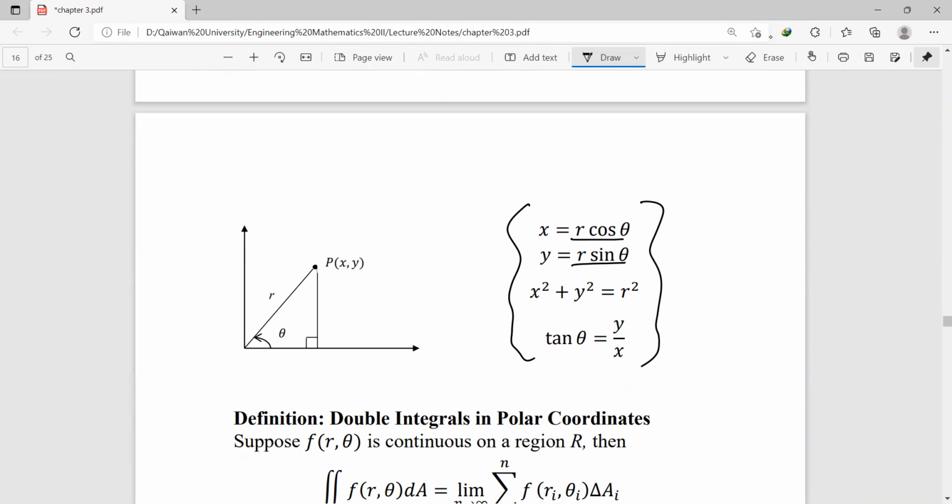How? In this triangle, this is x, this is y, and this is r. And this angle is theta. So here we say sine theta equals to what? Equals opposite divided by the hypotenuse, that is y divided by r.